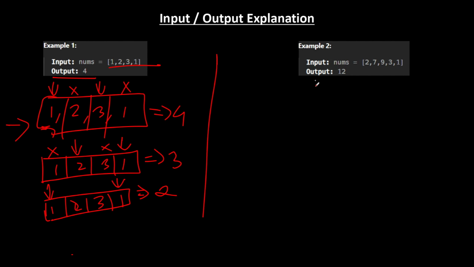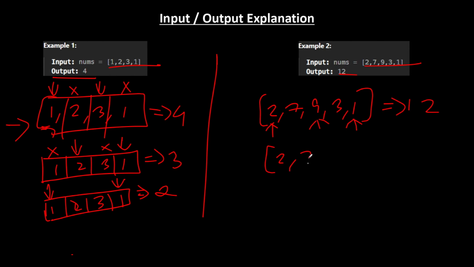Now in example 2, let's take this one. The answer is 12. If a person robs this particular house, then this particular house, then this particular house, the total sum is what? 9, 10, 11, 12. Great. Let's try some other combinations.